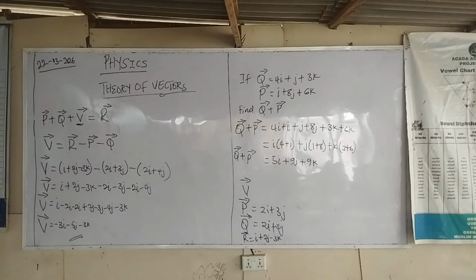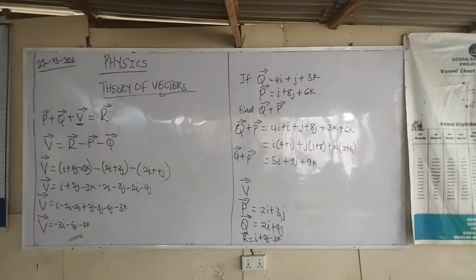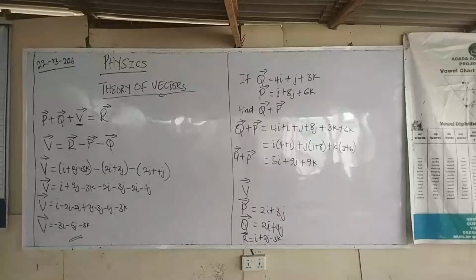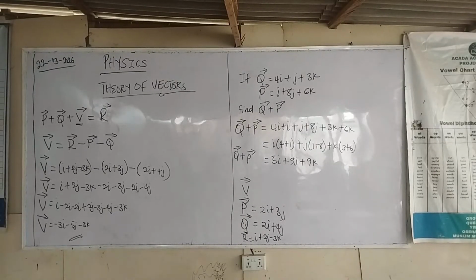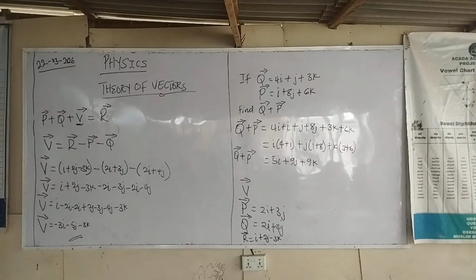Yes, what's your question, Chika? So one vector must be added to two vectors p. Why is the vector p not two? What vector v must be added to two other vectors, and the two other vectors are p and q.